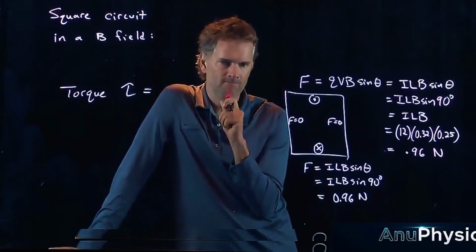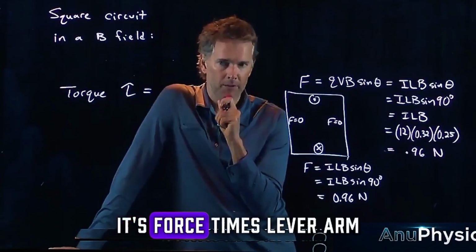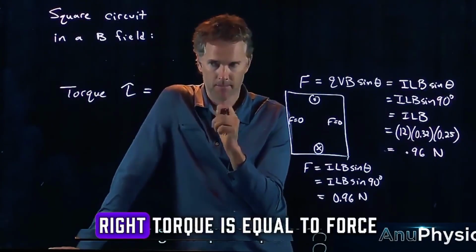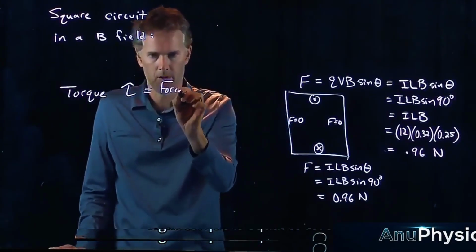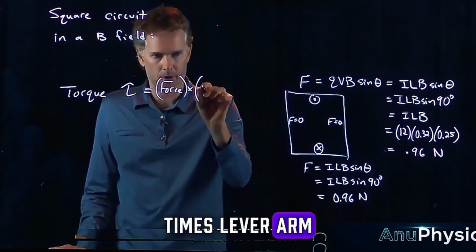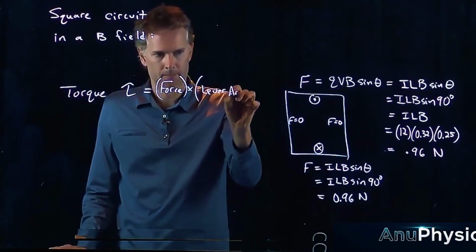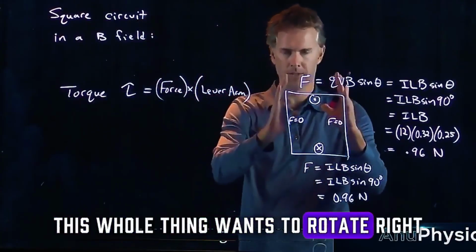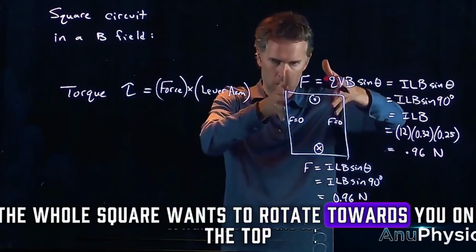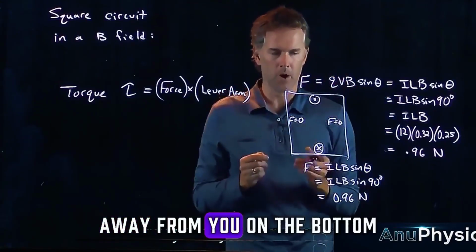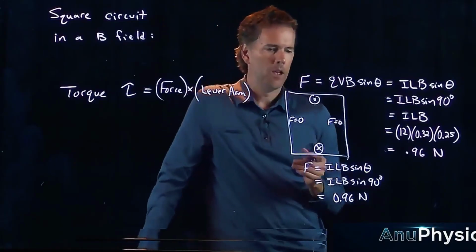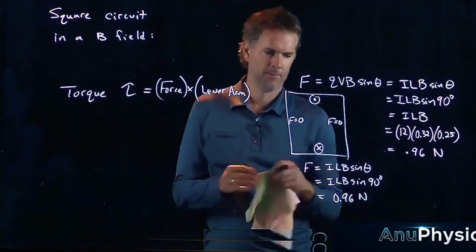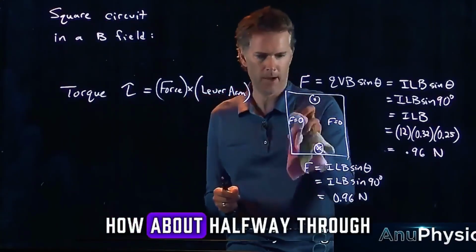Well, it's force times lever arm, right? Torque is equal to force times lever arm. Okay. This whole thing wants to rotate, right? The whole square wants to rotate towards you on the top, away from you on the bottom. What's a good axis of rotation to pick? Well, how about halfway through?